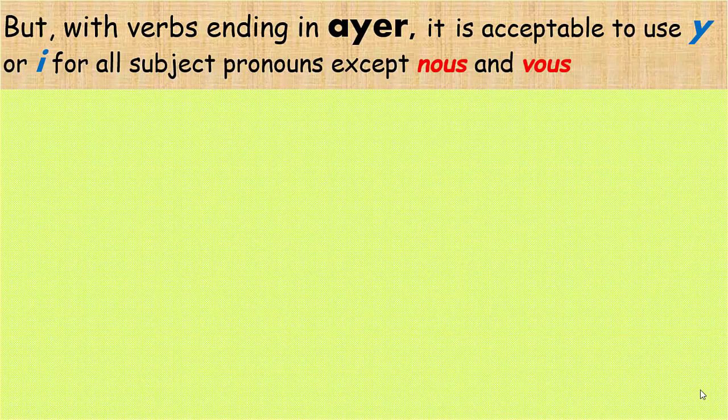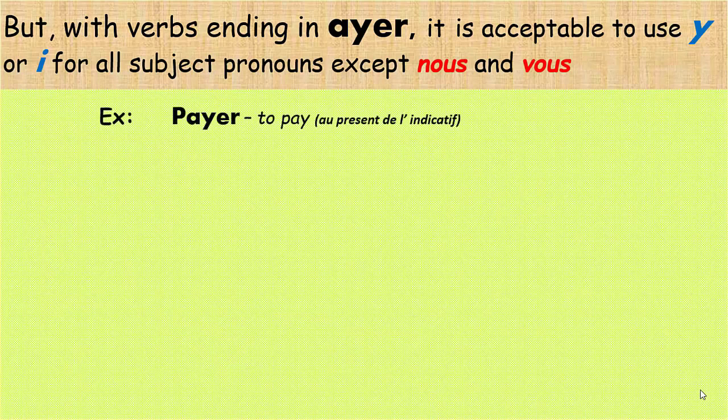But with verbs ending in AYER, it is acceptable to use Y or I for all subject pronouns except nous and vous, that is, the first person and second person plural. Par exemple, payer, which means to pay, au présent de l'indicatif.